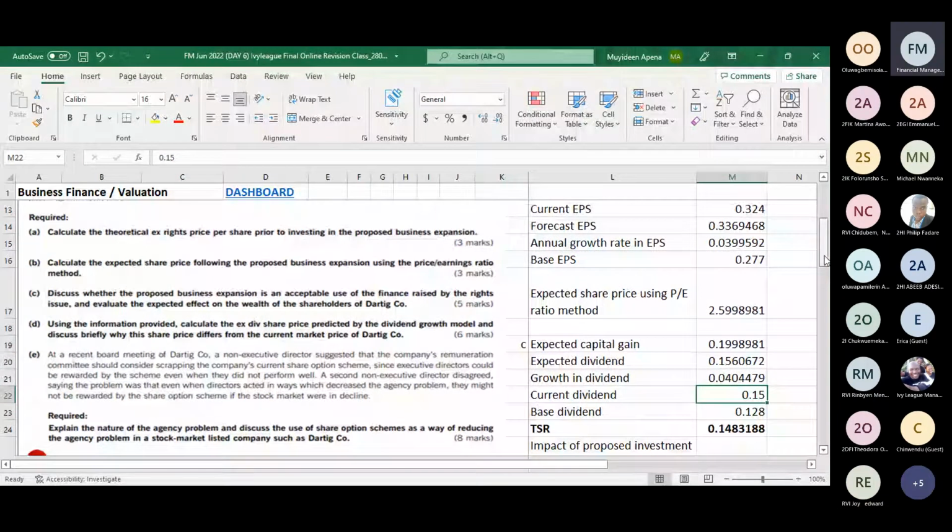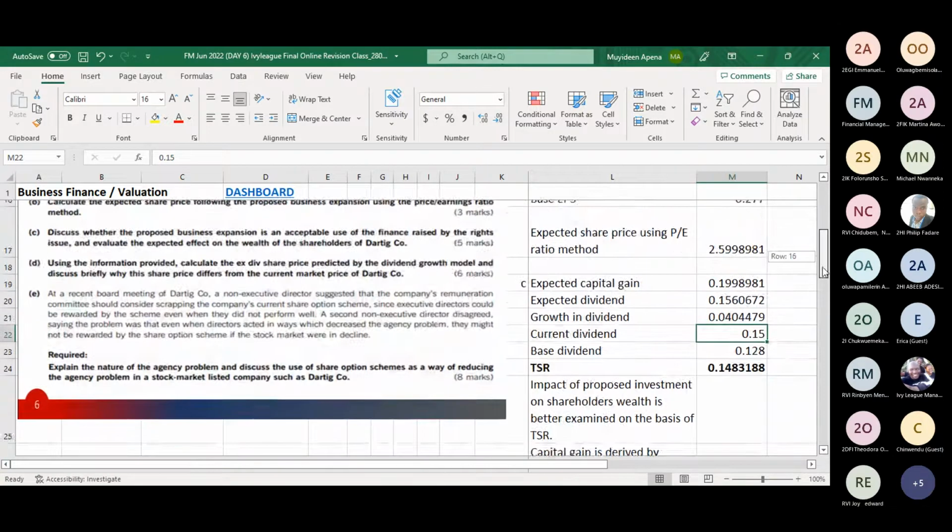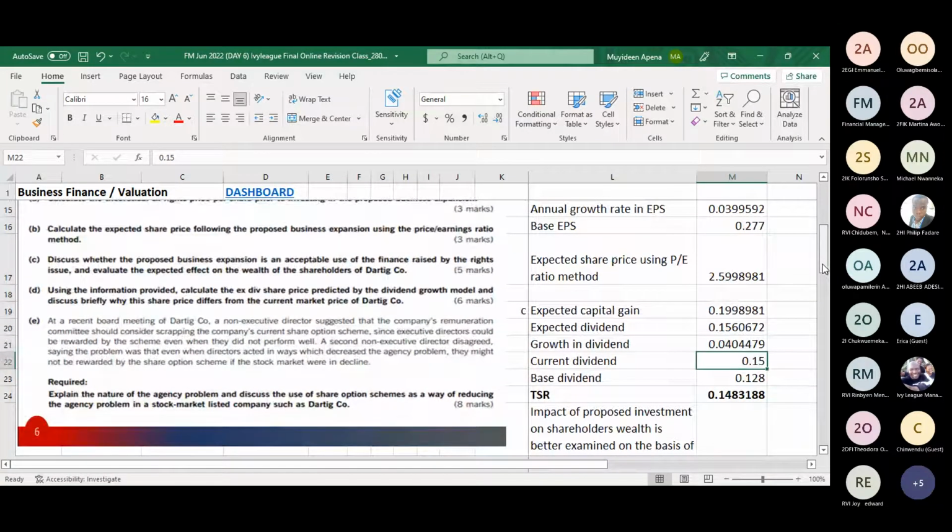Excuse me, sir. Yes, please. If you look at the question, it says discuss whether the proposed business expansion is an acceptable use of the finance raised by the rights issue and evaluate the expected effect on the wealth of the shareholders of that group. My question is, under examination condition, and I read this question C, how am I supposed to know that I have to now compute, even though the question is not directly saying I should compute?